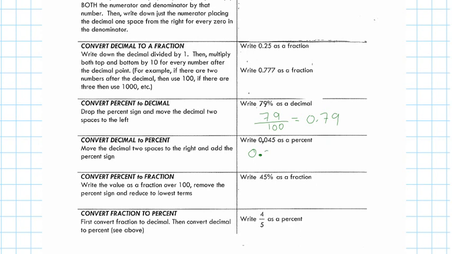So the way I think of it, 100 has 2 zeros, so I'm gonna take the decimal and move it 2 units to the right. You see this, 1, 2, right? You can always use your calculator, but this is just for you to visualize. My decimal starts here, I'm multiplying so I move to the right, 1, 2, and that gives me my percent.